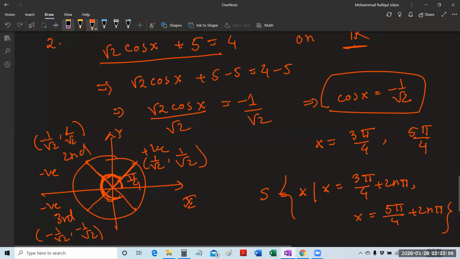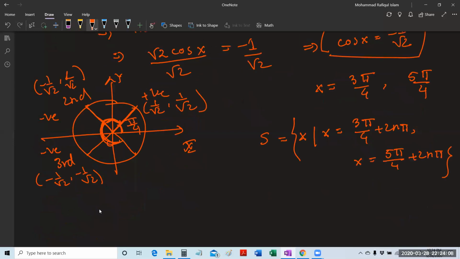Oops. So this is the solution of this problem, where you should write n belongs to all integers. So that's how we solve this. To verify, you can substitute n equals 0, 1, 2, or negative integers.